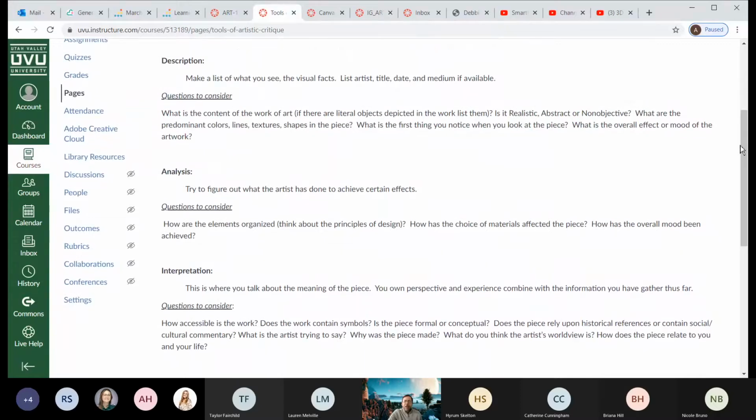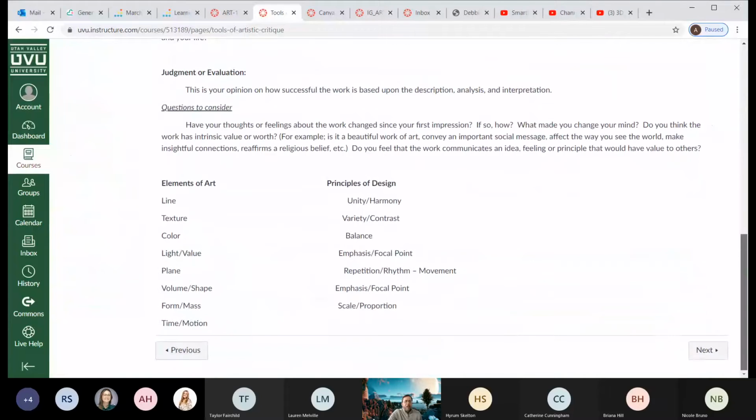And I think that it's really important as well, over the next week or so, take some time to go over and look at these elements of art and principles of design. Because what we need to do is get into a habit of using these to both describe what we're looking at, but also keep in the background of our minds as we're going through the process of actually looking.